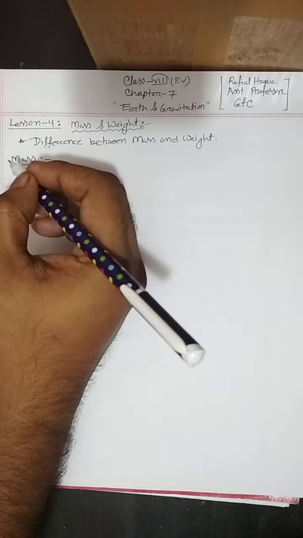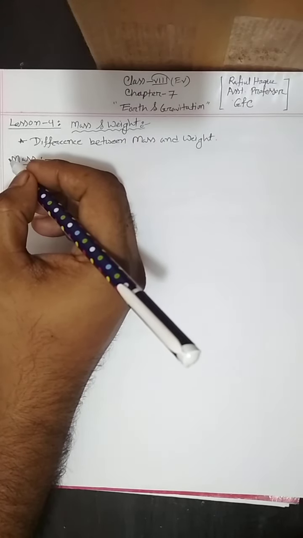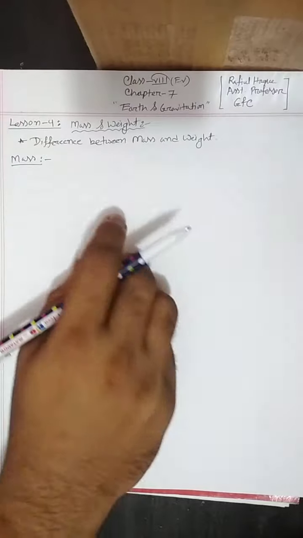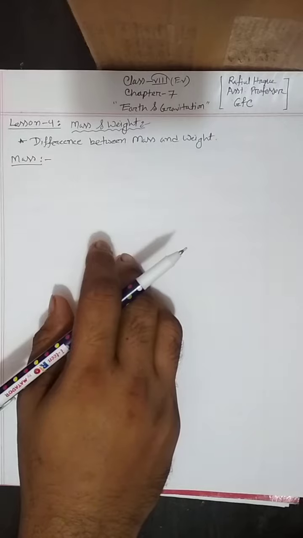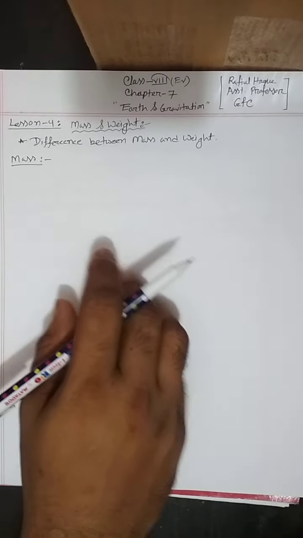Mass is the amount of particles inside an object, any object it can be. So when we go to market, we ask the shopkeeper to give us 1 kg or 2 kg of sugar, 5 kg of potato, whatever the scenario is. We always refer to the mass. Right?